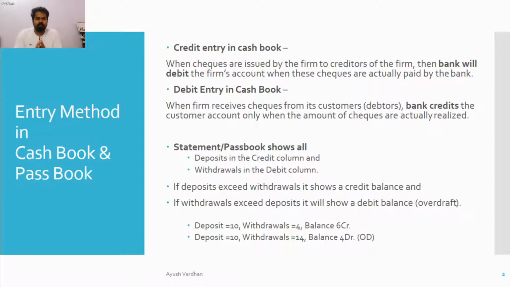Okay. So the first entry we make in the cash book, that is the debit entry, credit entry. So in the credit entry, what happens when cheques are issued by the firm to creditors of the firm, then the bank will debit the firm's account when these cheques are actually paid by the bank.